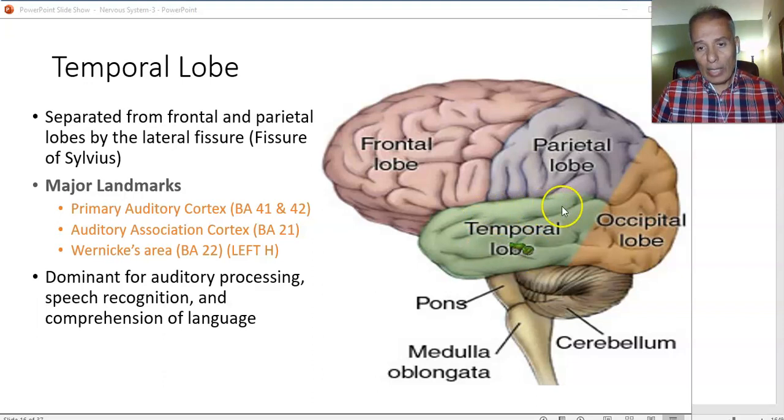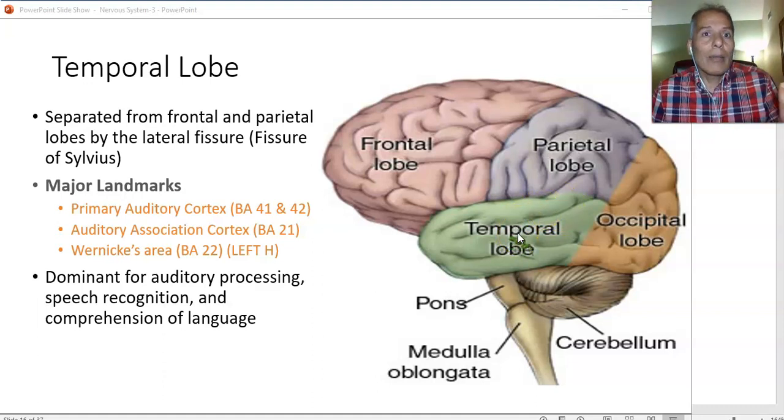This area again, temporal cortex, is dominant for auditory processing and speech recognition and the comprehension of language. And you cannot produce language without comprehending what you want to say. If I am speaking and I cannot recognize the meaning of what I am saying, by having Wernicke's area and these areas help me, I'm going to speak nonsense.